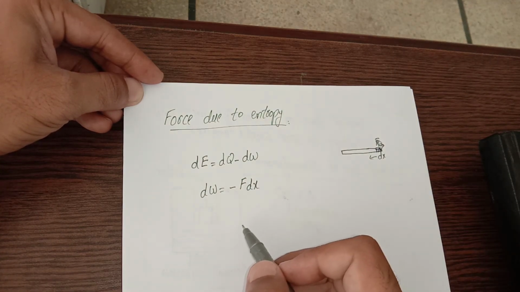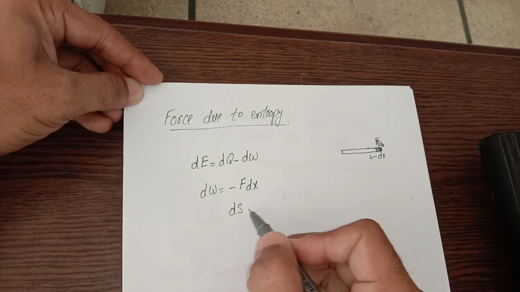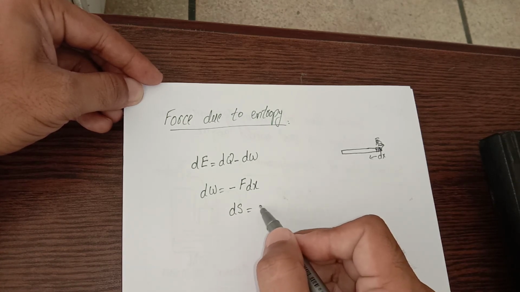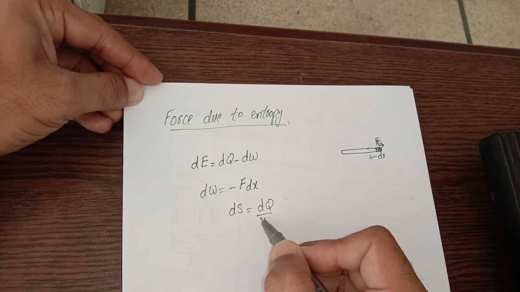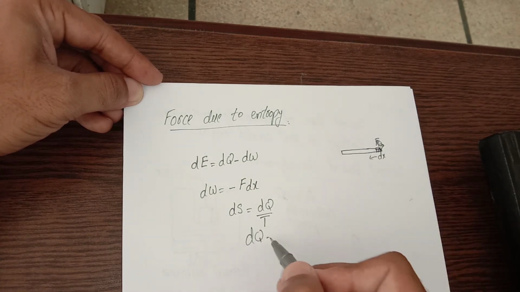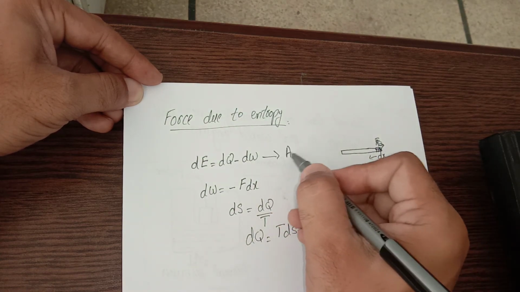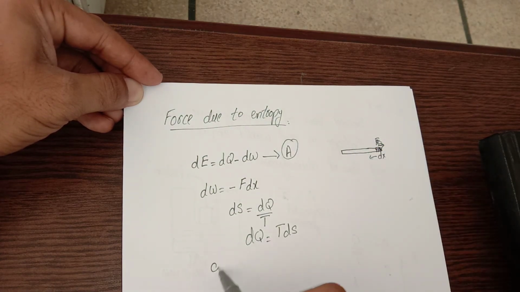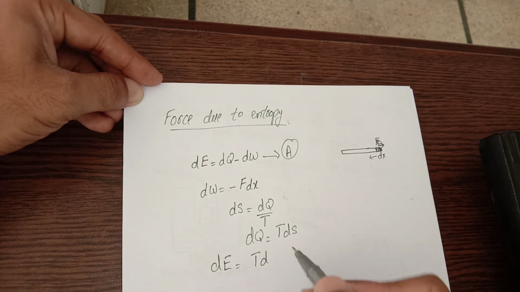And we can also calculate the differential change in entropy, dS equals dQ over T, if the temperature remains constant, and dQ would be equal to T dS. Putting both results into equation A, I would get dE, the change in internal energy, equal to T dS minus minus, which would be plus F dx.